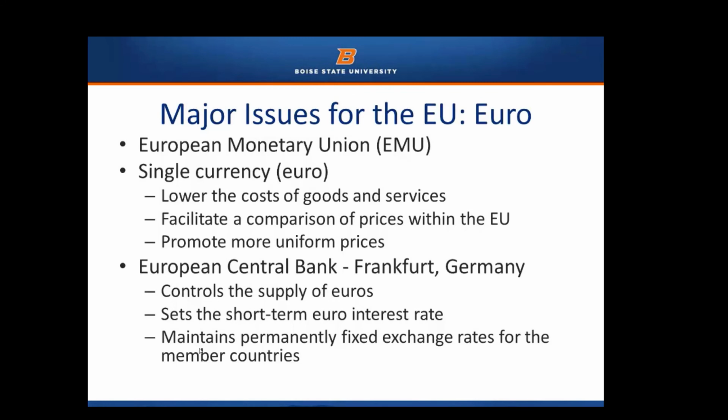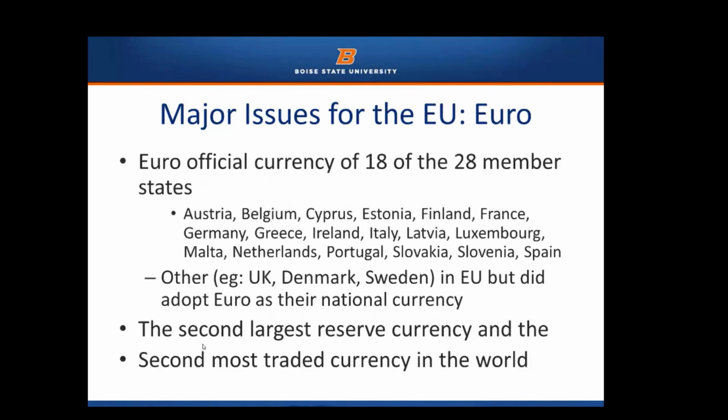And then it also is in charge of maintaining exchange rates. So the countries that don't utilize the euro, Great Britain, for example, it fixes the exchange rate between the euro and the pound sterling. So the euro, most of the countries in the EU, 18 out of the 28, use the euro.